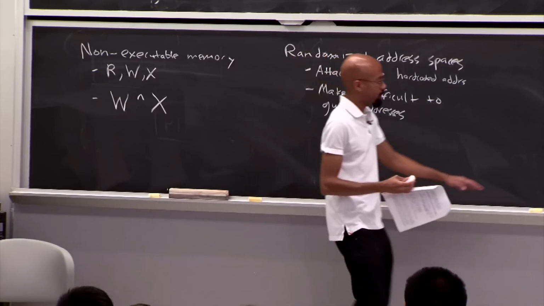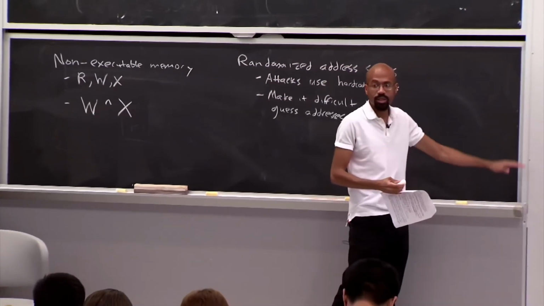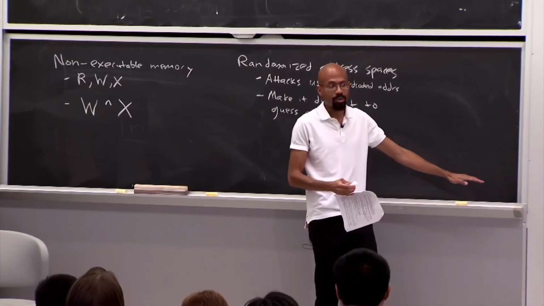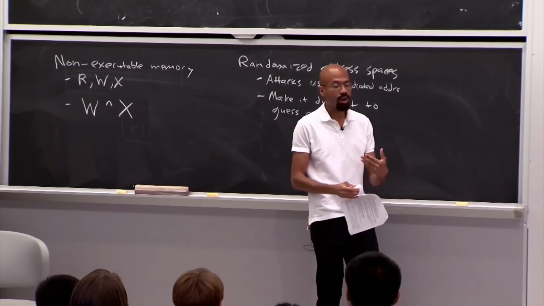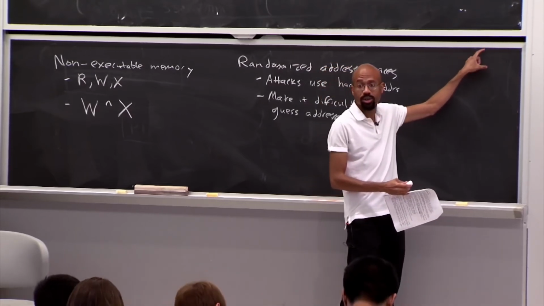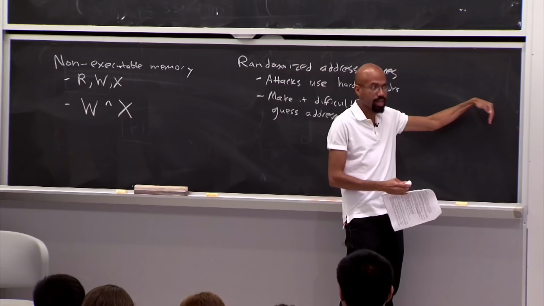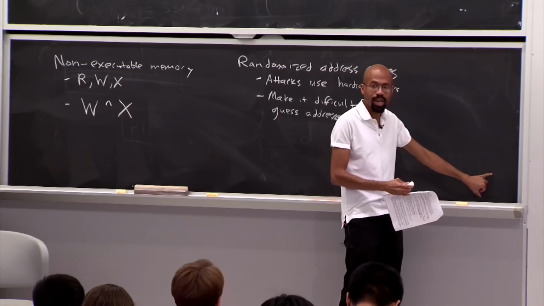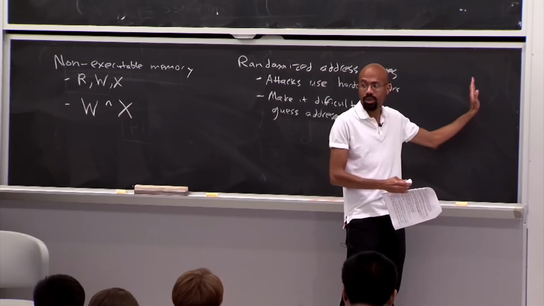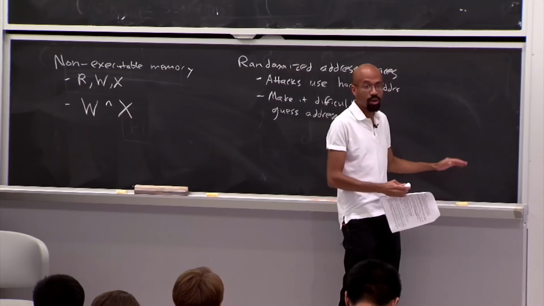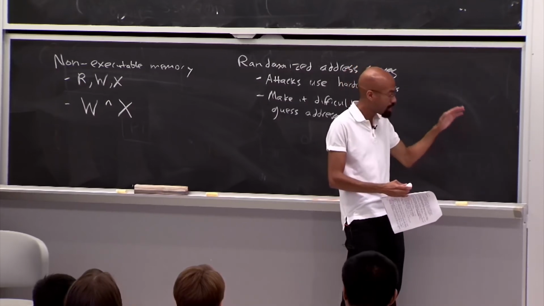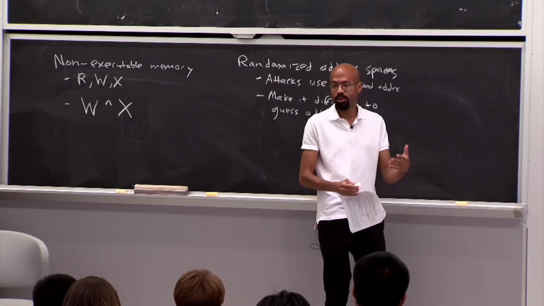Imagine that from here to here, this is the entire virtual memory space of the program. As we've described this so far, the stack always starts at this particular place up here, always grows down, and then the program code's down here, and then the heap always goes up here. And all of these segments, the stack, the heap, and the program code, they all start at a well-known location.